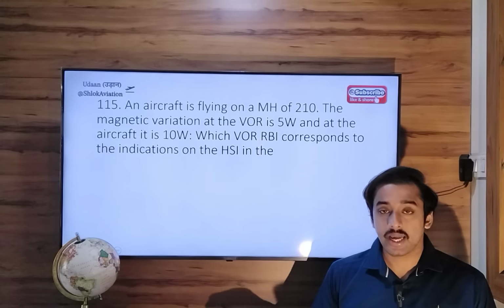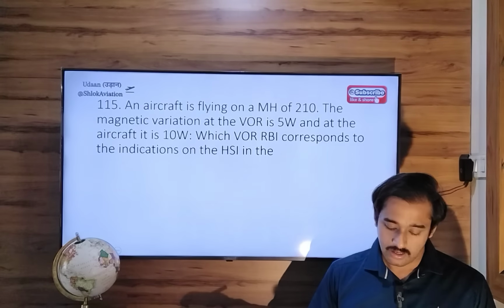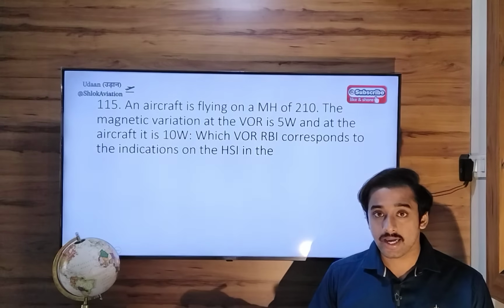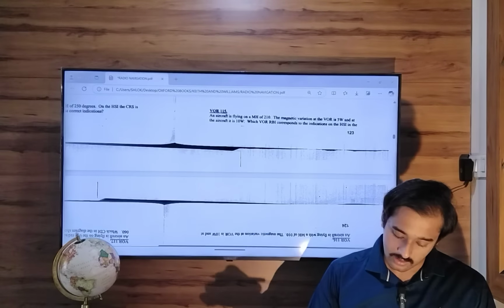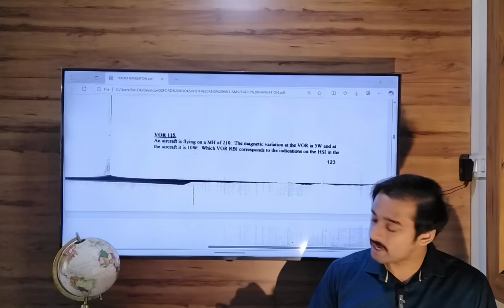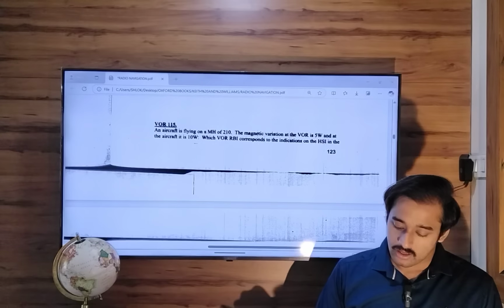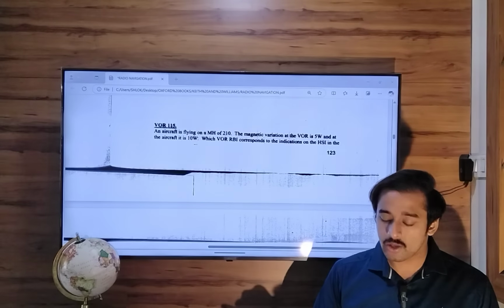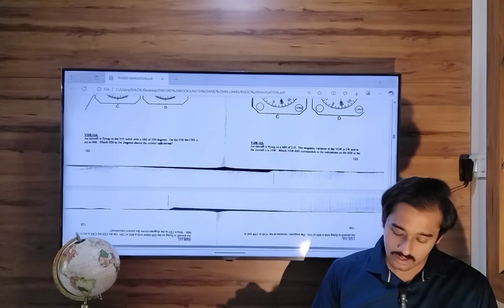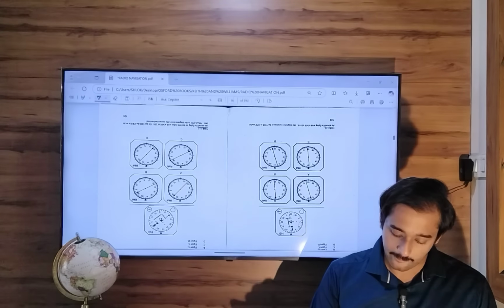Aircraft is on a magnetic heading of 210, which VOR RMI corresponds to the indications on the HSI shown. So the aircraft is flying on a heading of 210, and we have to select the VOR RMI corresponding to the indications on the HSI in the figure shown.